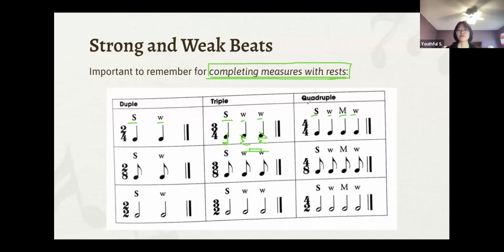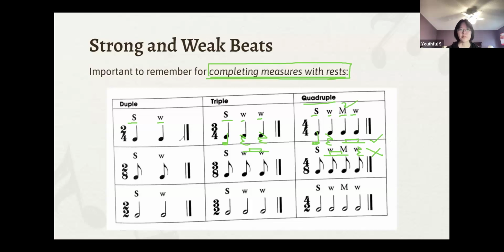And then for quadruple meter, the medium beat, you can combine that with a weak beat. So if you were to have a quarter note here, then you could draw it like this. But if you were to reverse it, you cannot combine the weak beat with the medium beat. So this is correct, but this is incorrect.